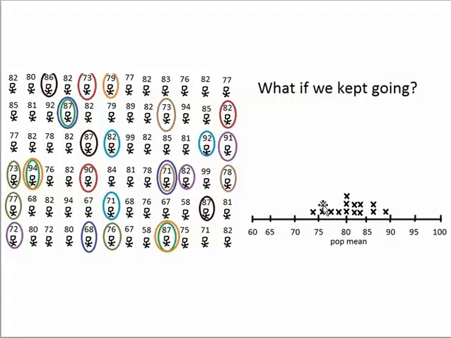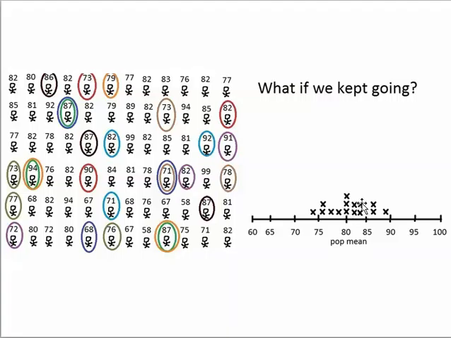So if I randomly select a sample of 3 people and I end up getting this sample, my sample mean will be about 76. If I end up getting this sample, my sample mean will be 80. If I get this sample, my sample mean will also be 80, and if I get this sample, my sample mean will also be 80, because all 3 of these possible samples have a mean of 80.